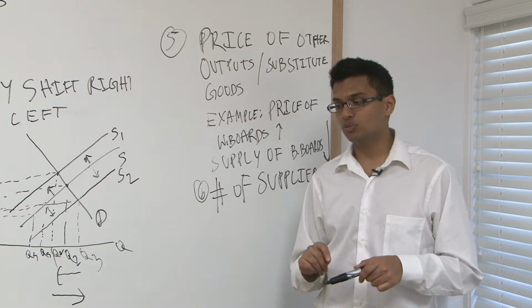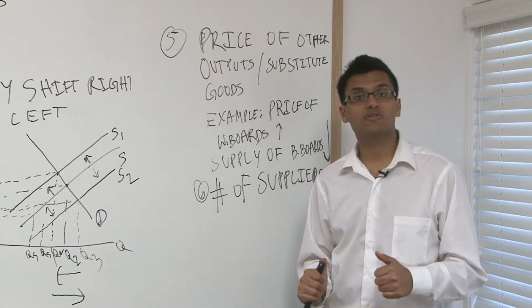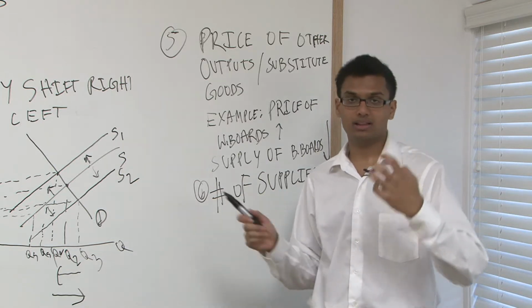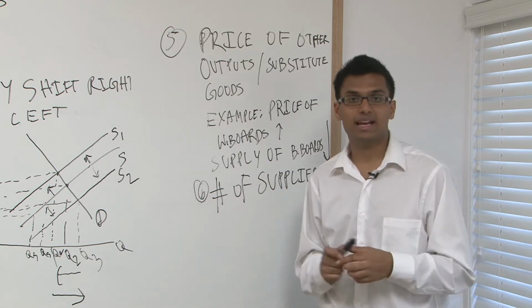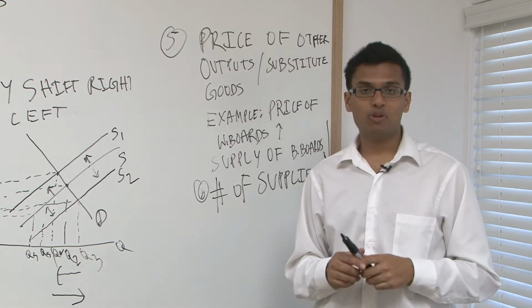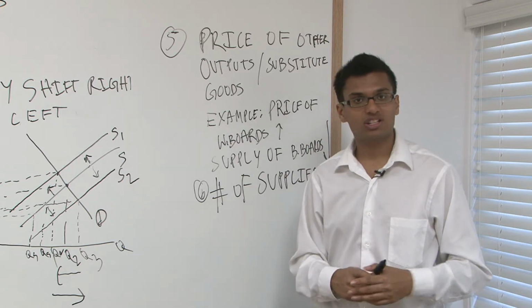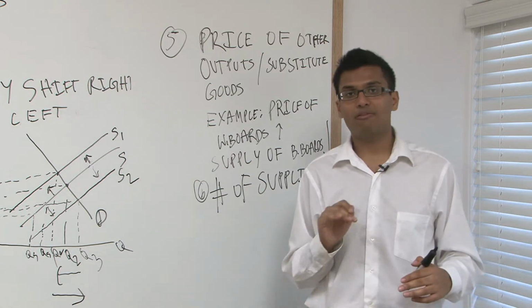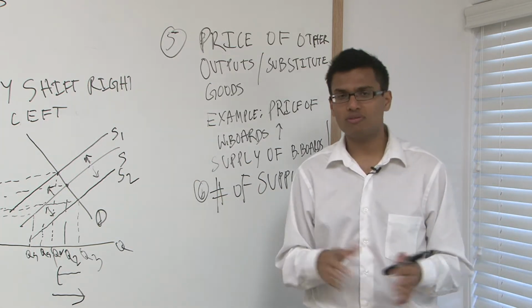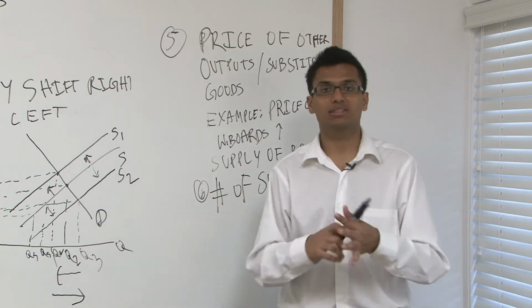Say for some reason that the number of suppliers goes up. In the example we used in the previous ones, I make these markers, and suddenly the number of people who make these markers increases. So there are 5 factories in, let's say, the world that make these markers. All of a sudden, now there are 10 factories making these markers.